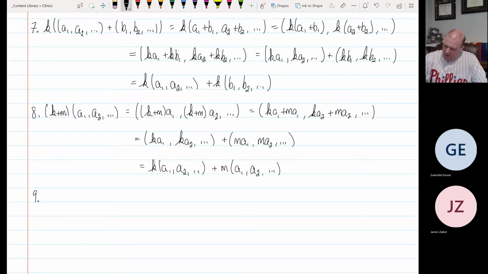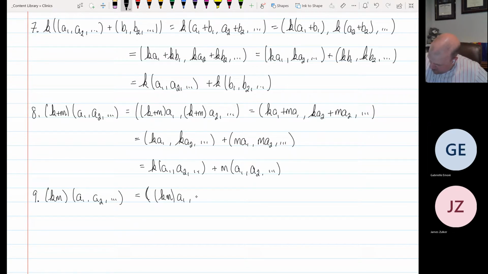Then we have to show essentially associativity of scalar multiplication. By definition, we get this.